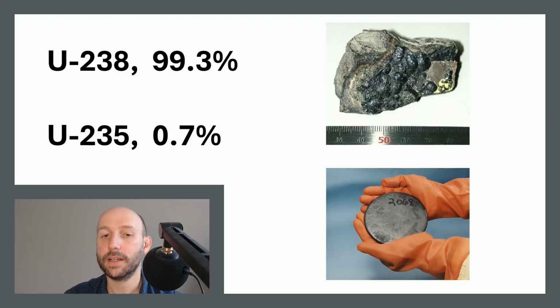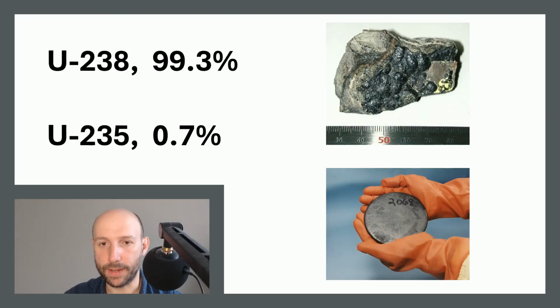But the numbers here, 238 or 235, represent the number of protons plus the number of neutrons in the nucleus. And these are called different isotopes of uranium. So uranium-238 has 3 more neutrons in its nucleus than uranium-235. Okay?